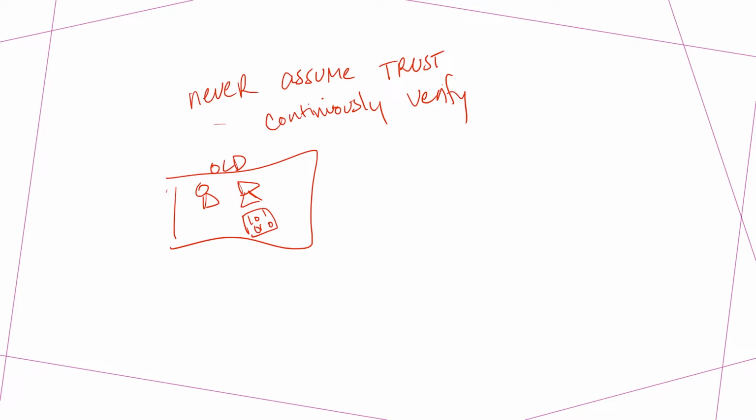This assumed trust allowed for easy lateral movement after a malicious hacker infected a device or compromised an endpoint. So instead of assuming everything behind the corporate firewall is trusted, the Zero Trust model assumes breach and verifies each request as though it originates from an open network.